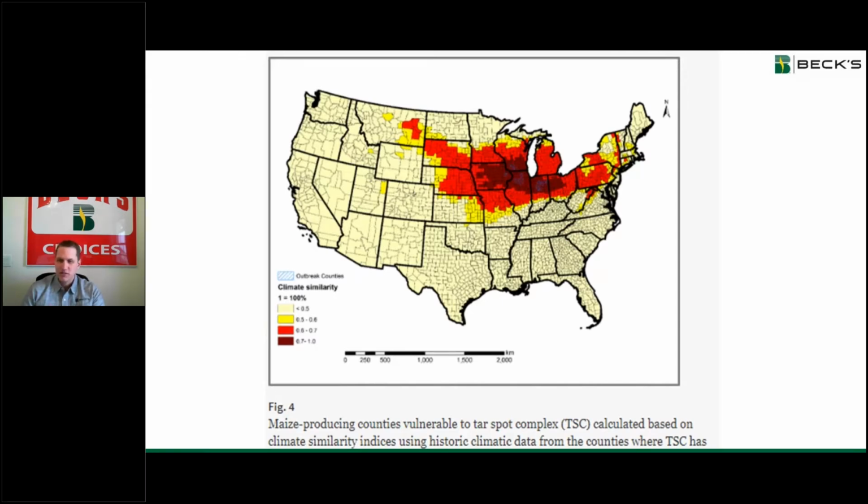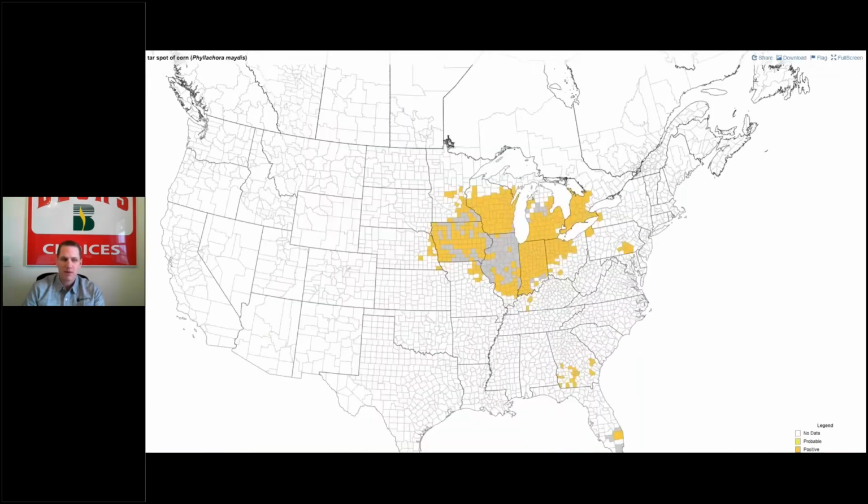So this was 2017. If I flip the map over to 2020 data, this is all the counties that had tar spot identified in it. So the gray ones had tar spot found in previous years. The darker colored orange there was positive in 2021 for tar spot.